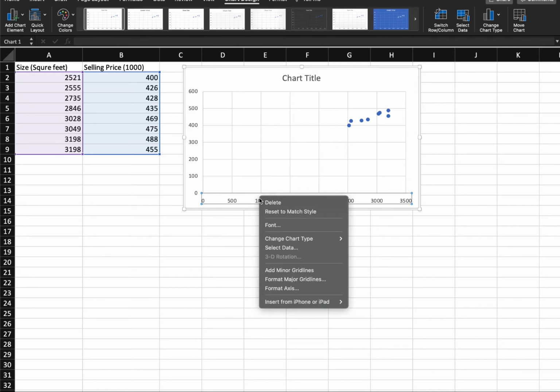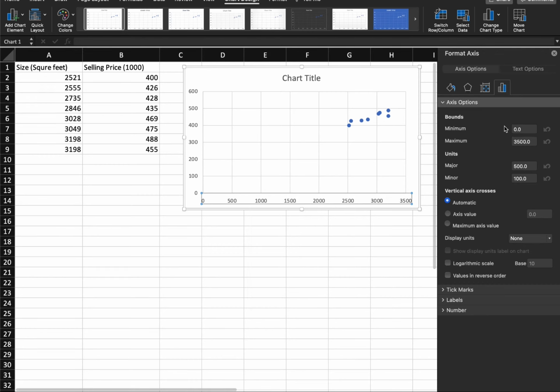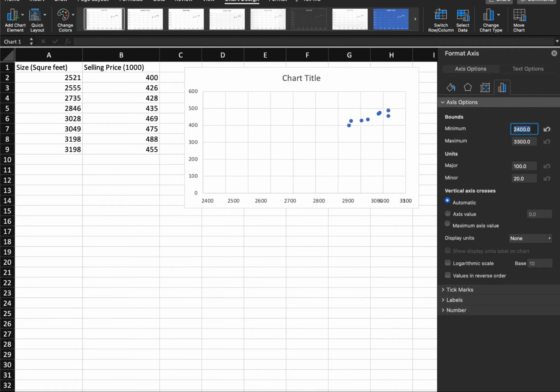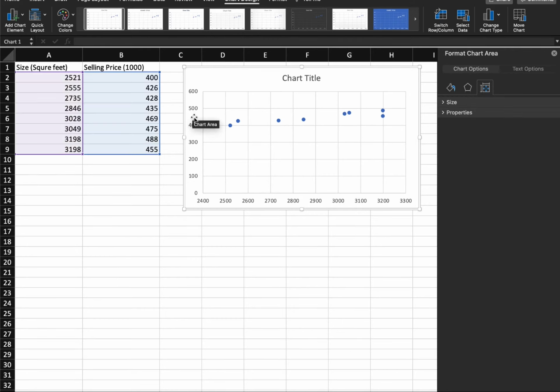So what I would do is right-click on this, format axis, and here the minimum is 0, but you don't want your minimum to be 0. You want it to be something else. Maybe in your x-axis, let's do 2400. If you press enter, notice that your chart has changed. But then you also want to change your y-axis here. So you do the same thing.